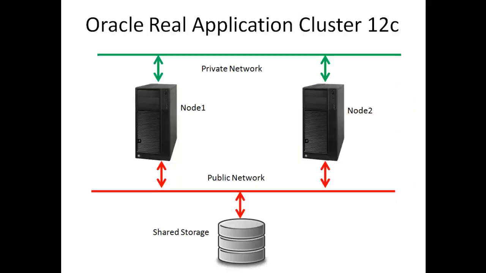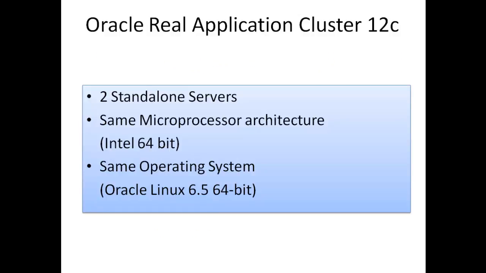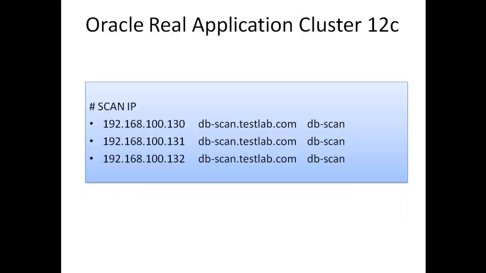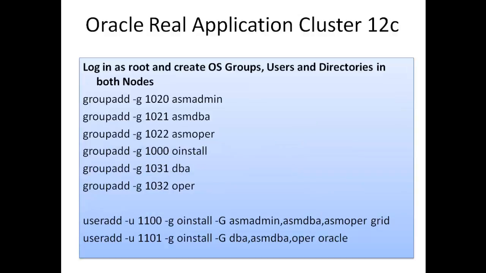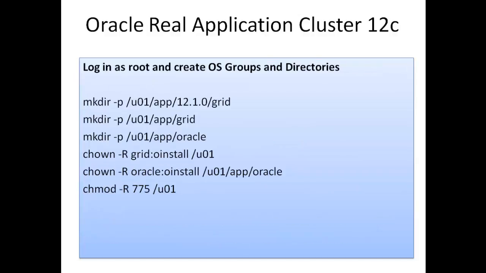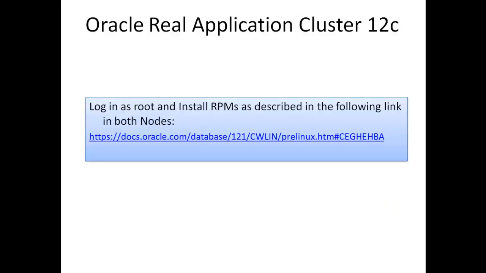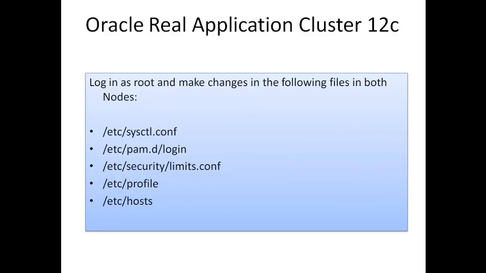We have discussed the architecture and the prerequisites we need, IP configurations and SCAN, and the OS groups and directories we had to create. We installed the RPMs, and these are the files we changed in the OS as root user.